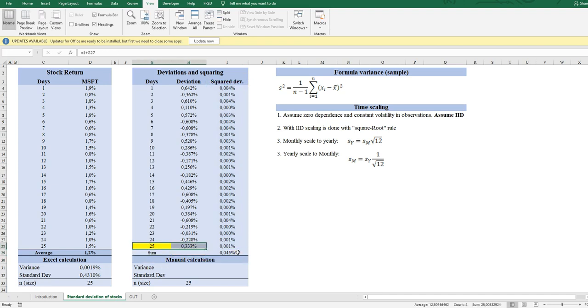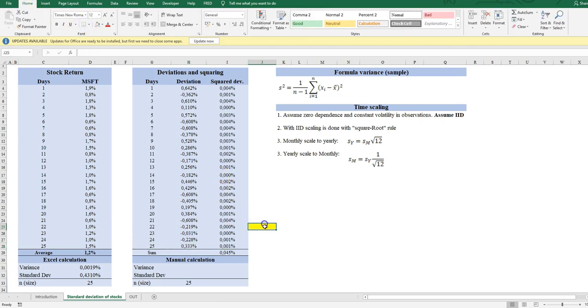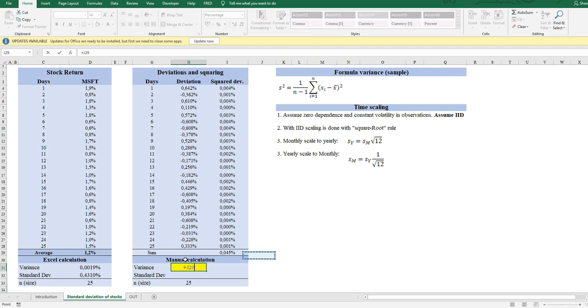I don't like if there is not a line there. And now we can take the sum and do the last little mathematical correction.